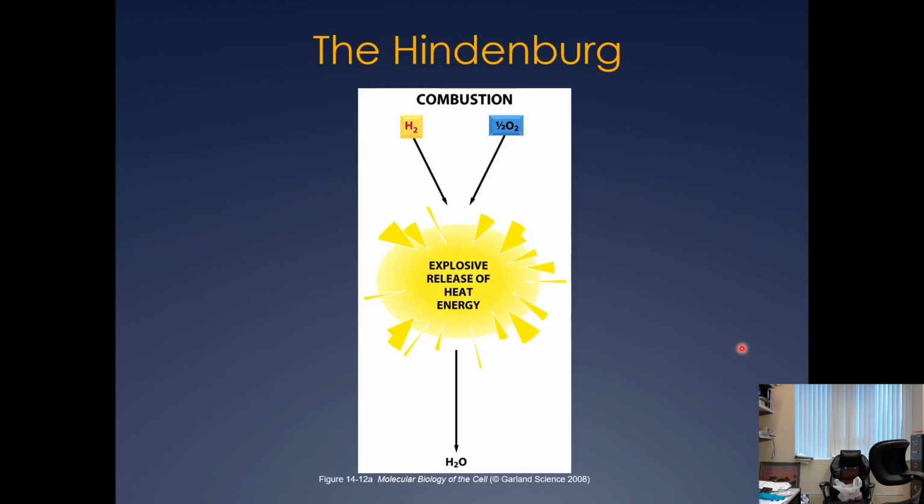So I always give this slide, and it's really disappointing when I'm not here with you guys, because I ask you questions about the Hindenburg. So the Hindenburg was a Zeppelin made by Nazi Germany in the 1930s, and it was this really famous dirigible, so a blimp.